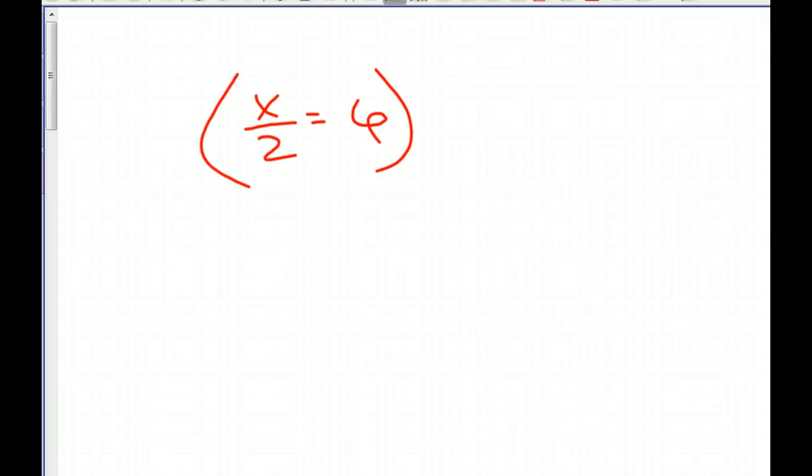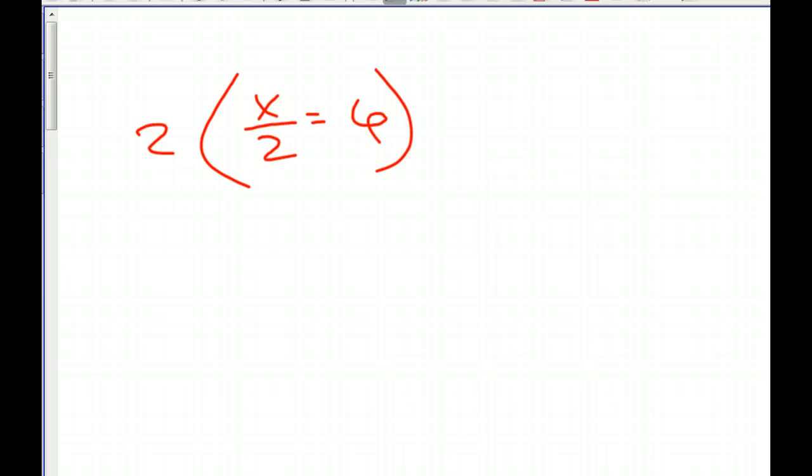It also means that if you're given a fraction, you cannot eliminate the denominator unless you have an equal sign. So if I have x over 2 equals 6, because there's an equal sign, I can multiply this whole thing by 2, cross multiply, get rid of the denominator and solve for x.